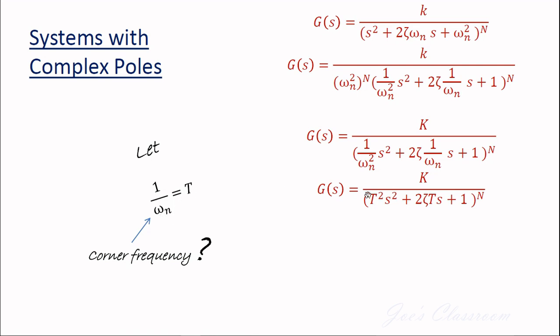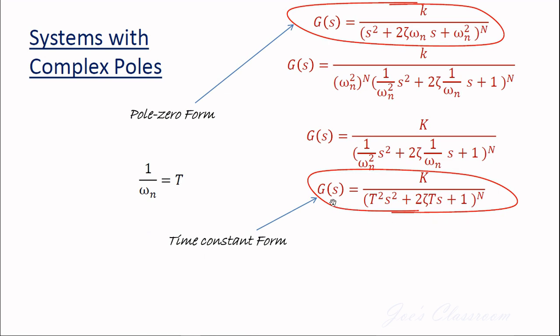So with this substitution, I can make this as 1 by omega n the whole square, and therefore this term I can write as t square s square plus 2 zeta ts plus 1. Writing this second order transfer function in this form is what we call the time constant form.